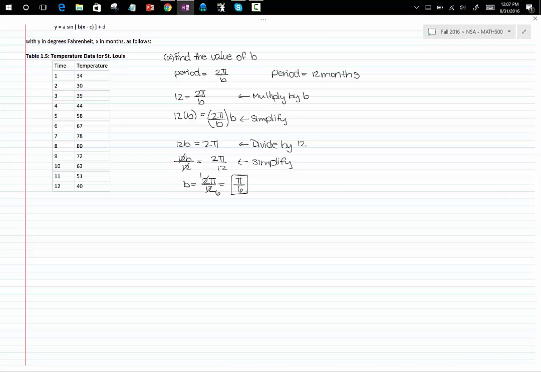Now for part b, they want us to find the amplitude related to the difference of the largest temperature value and the smallest temperature value.